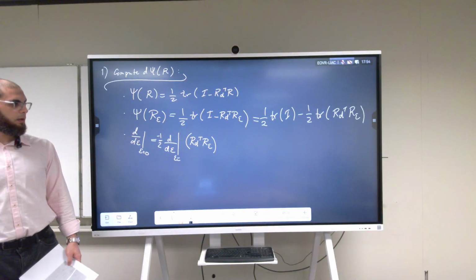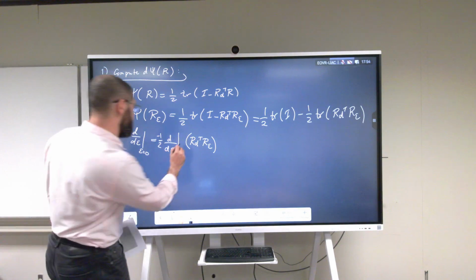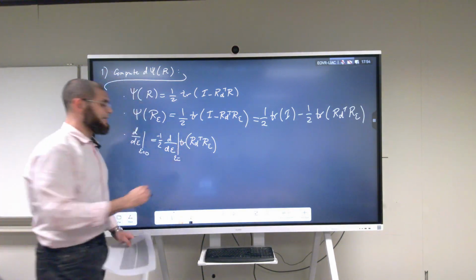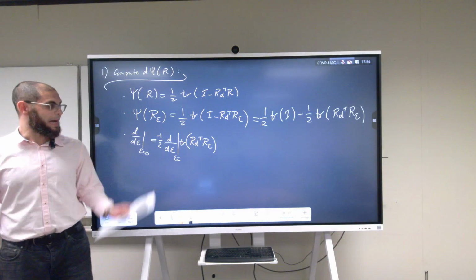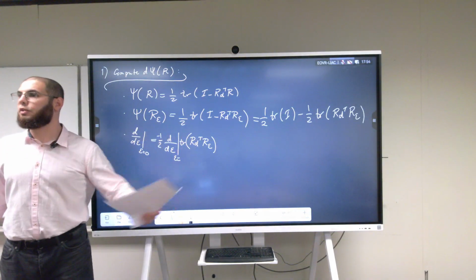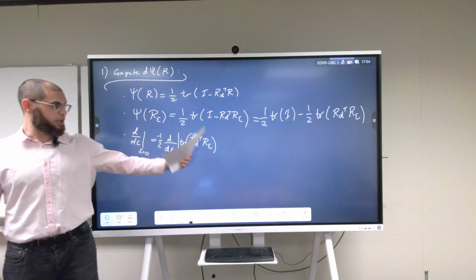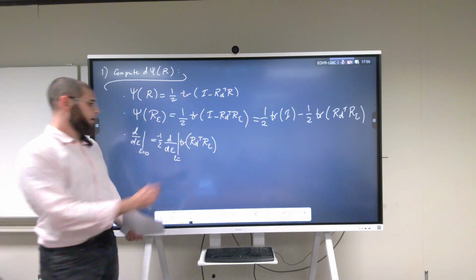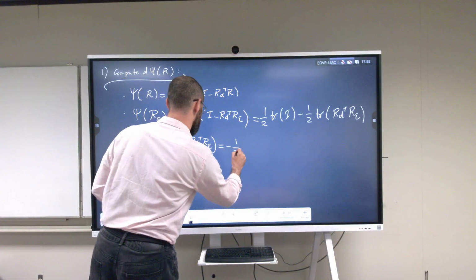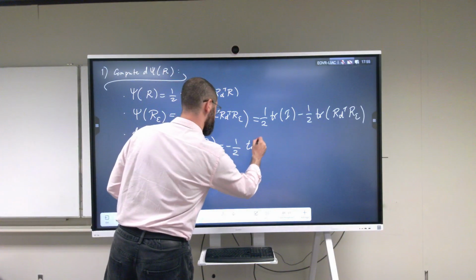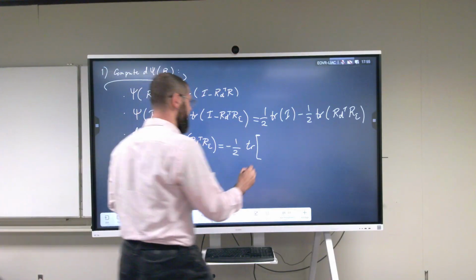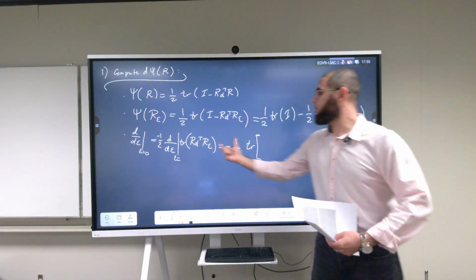Okay. Sorry, the trace is a linear operator, which means that you can actually take it inside the differentiation. So I can differentiate what's inside. So this is equal to minus half trace. Let's open a big bracket, and let's do differentiation of two matrices.